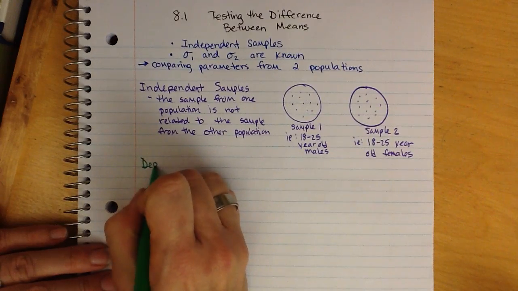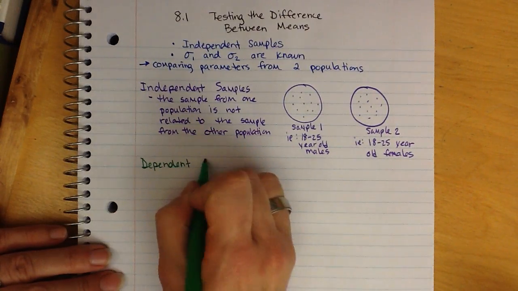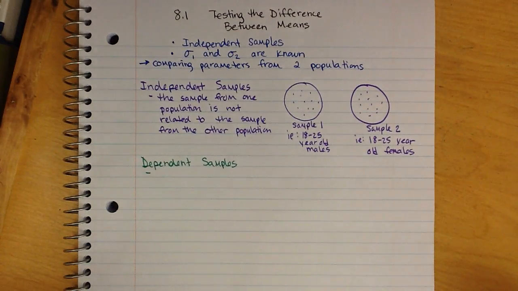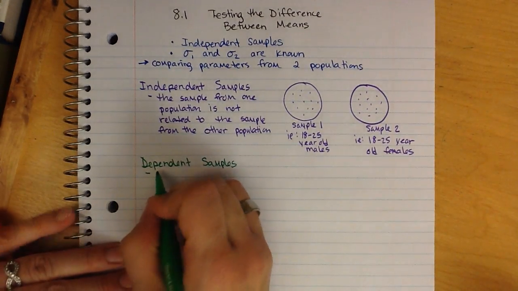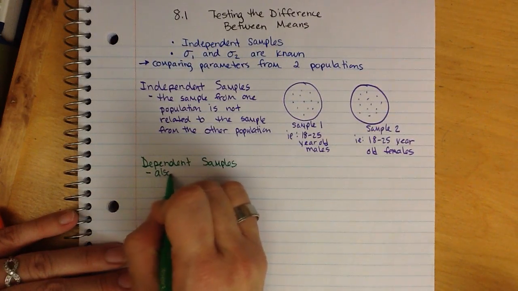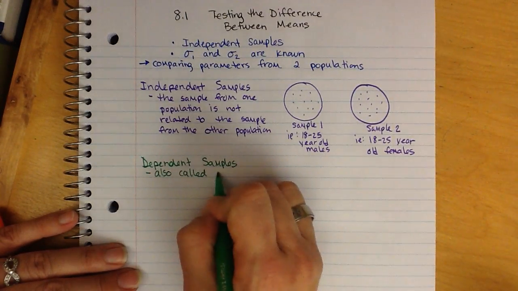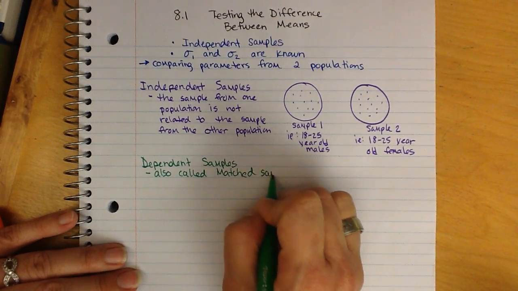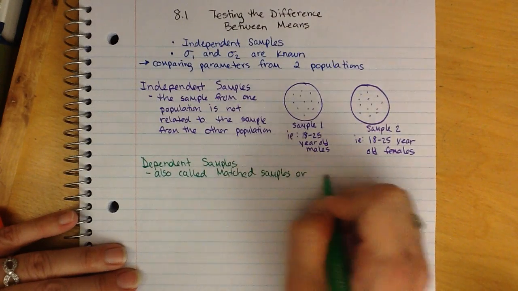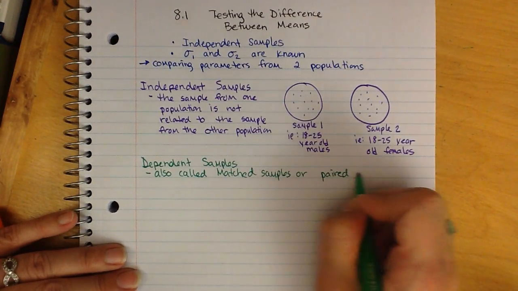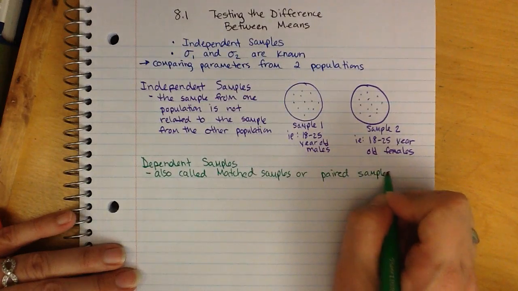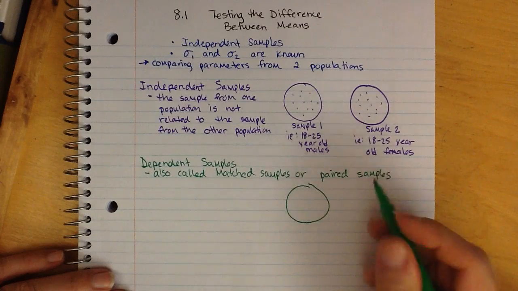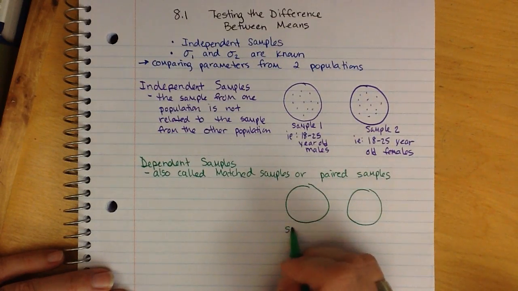But then we can also have dependent samples. Dependent samples can also be called matched samples or paired samples. So in this instance, we have sample 1 and sample 2.